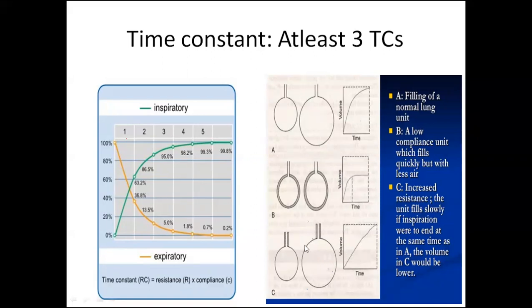But the concept in airway resistance, in airway problems like asthma, is different. Here, you give the same time as the normal lung and the same pressure. What is the volume you're going to get? More volume, sir.